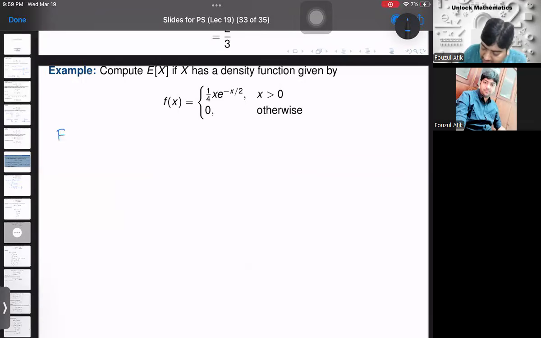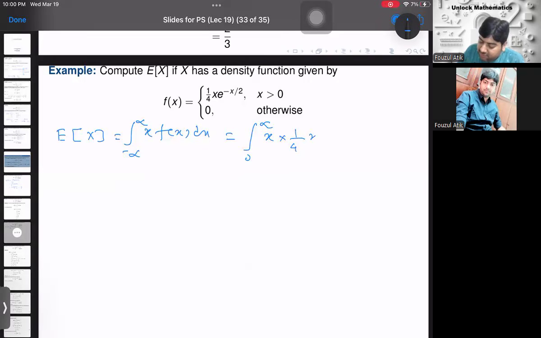Expectation of x is equal to minus infinity to infinity x f(x) dx. But f(x) has value only between 0 and infinity, otherwise it is 0, so we consider 0 to infinity x into 1 by 4 x e to the power minus x by 2 dx.